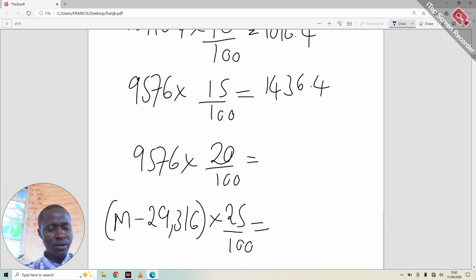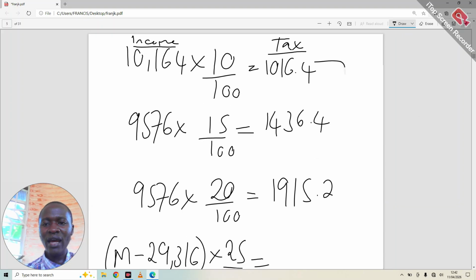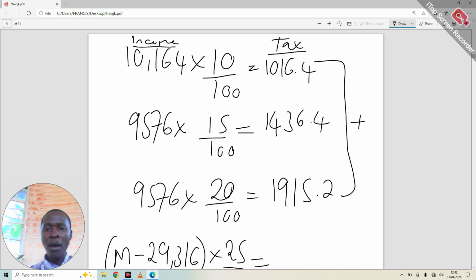This other one, we have 1915.2. Now add these three. So we have 1915.2 plus 1436.4 plus 1016.4, which gives 4368.